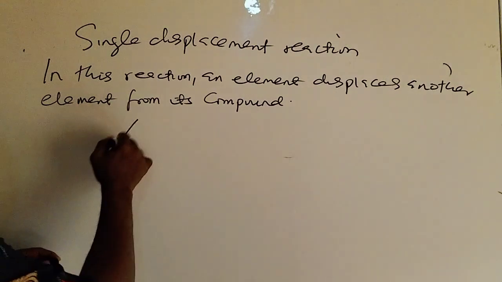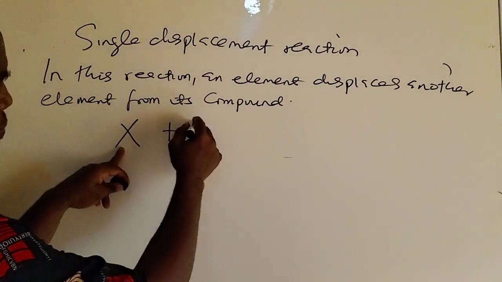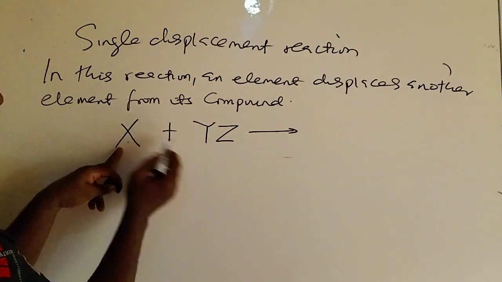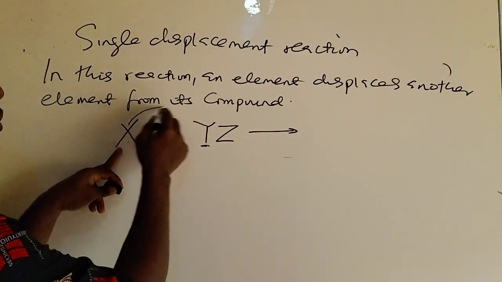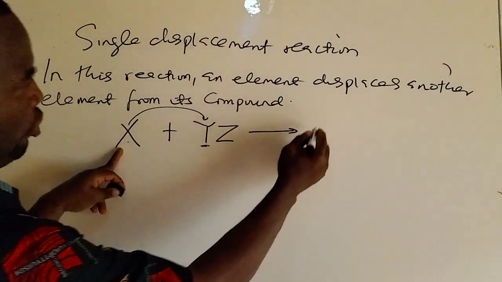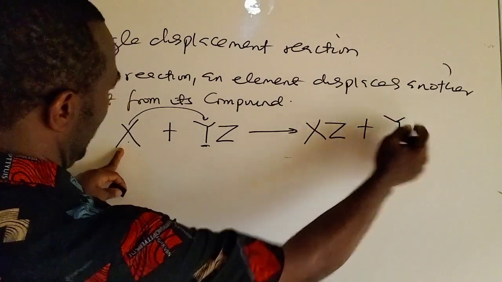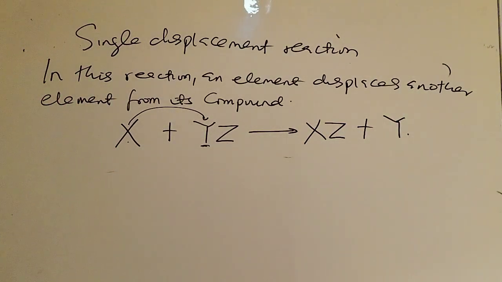For instance, I may have S, an element, plus a compound YZ. So S, being more reactive than Y, goes on to displace Y and take its position. Now I have SZ and then Y coming out. So we call this single displacement reaction.